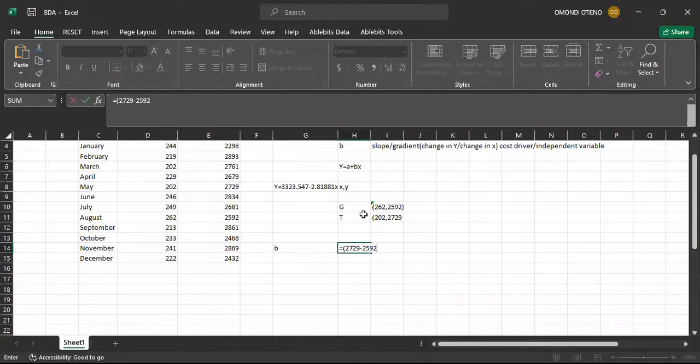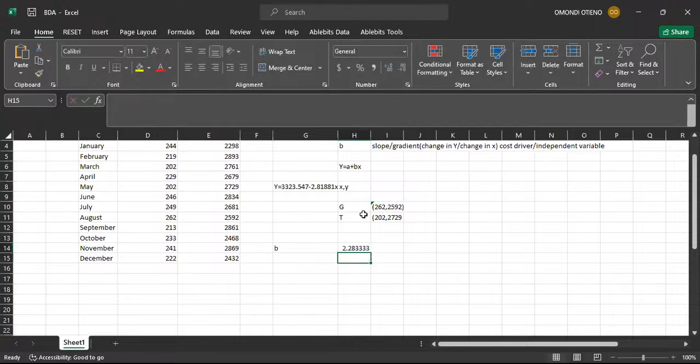That is the change in Y. The highest value of Y minus the lowest value of Y will give us change in Y. Then that change we divide by change in X, which is the highest value of X, 262 minus 202. Close the bracket, then you enter. So this is our B. Good.